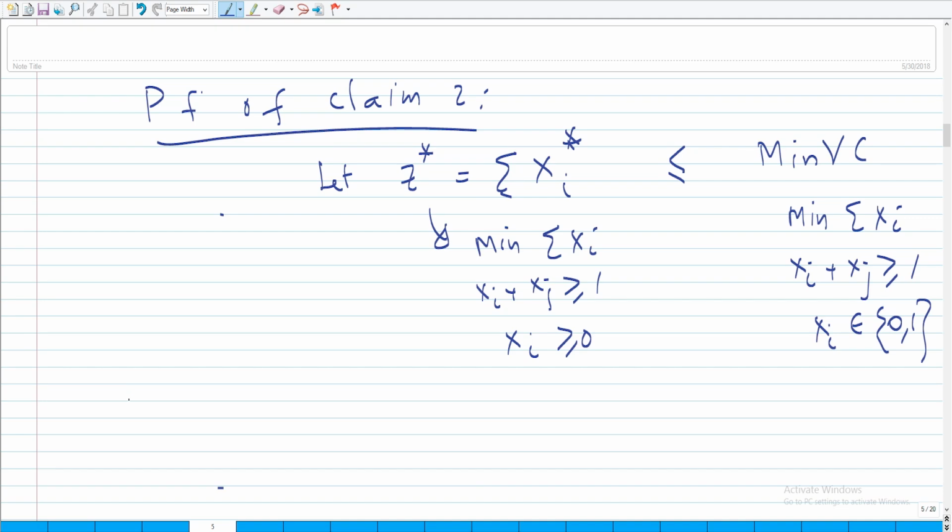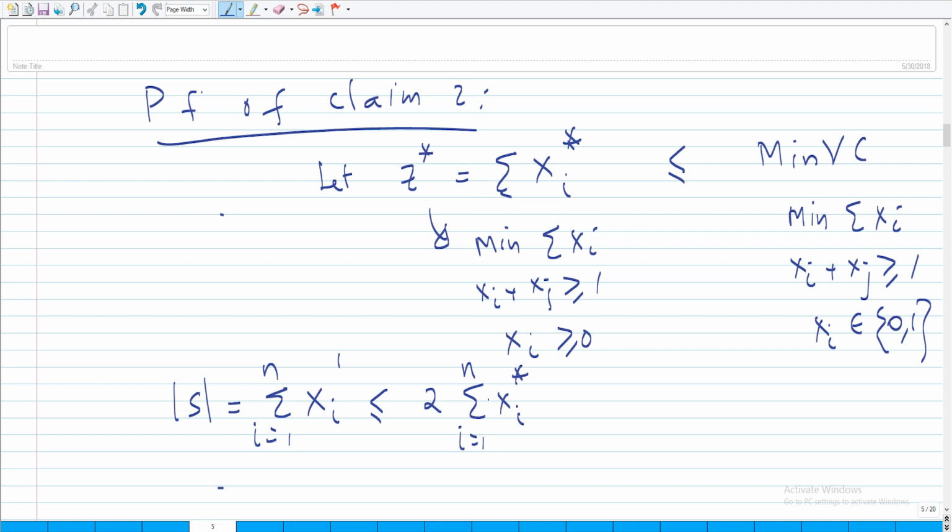So, now I need to prove claim 2 after establishing this. What is the cardinality of S? This is exactly summation x i prime, i equal to 1 to n, right, because whenever it was 1 I picked it into my S, whenever it was 0 I did not pick it. And I claim that this is at most 2 times summation x i star, right, because what is the connection between x i star and x i prime?